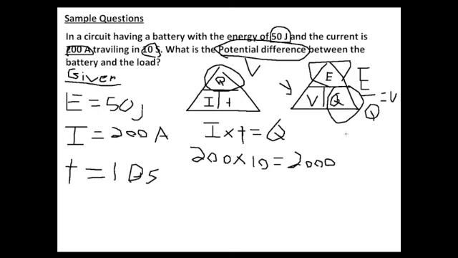So we can plug our information in now. E equaling 50 joules, the charge equals 2000. So 50 divided by 2000 gives us 40.